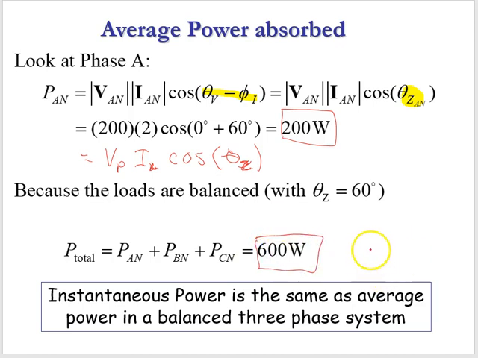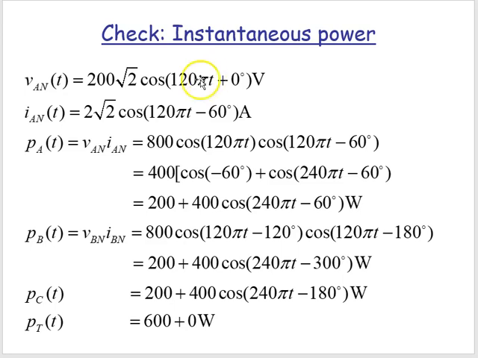Then we can check what we've said: our instantaneous power should be the same as the average power in a balanced 3-phase system. So we can go back and check our instantaneous power. If our radian frequency is 120 pi, and we're given a 200 volt RMS VAN, then for the amplitude we have to multiply by square root of 2, right?